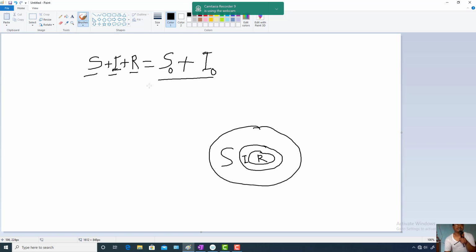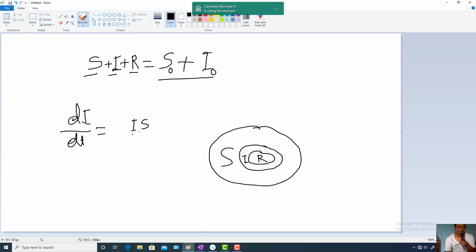Now the rate of infection, the increase of infected people with respect to time, that is the rate of change of I, is directly proportional to the contact. Suppose there are I infected people and S susceptible people. We assume that IS is the total contact.